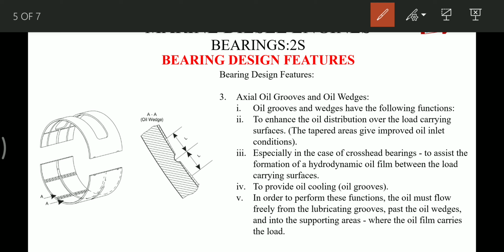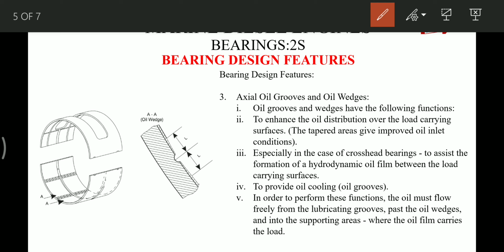These grooves are there to meet the hydrodynamic lubrication condition on the crosshead bearings, as the RPM requirement of hydrodynamic lubrication is not met by the crosshead bearing. So these grooves are provided to help hydrodynamic lubrication, especially in the case of crosshead bearings, to assist the formation of a hydrodynamic oil film between the load carrying surfaces.